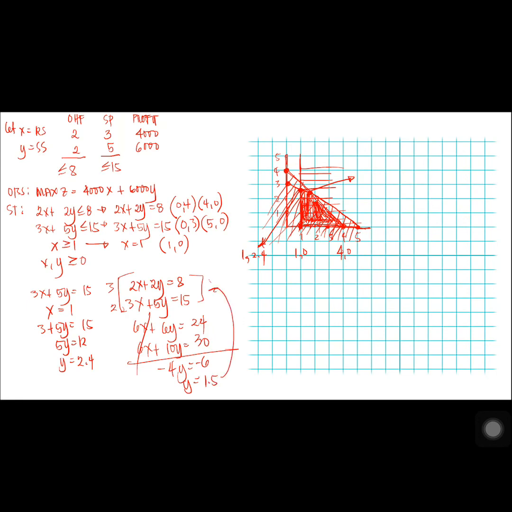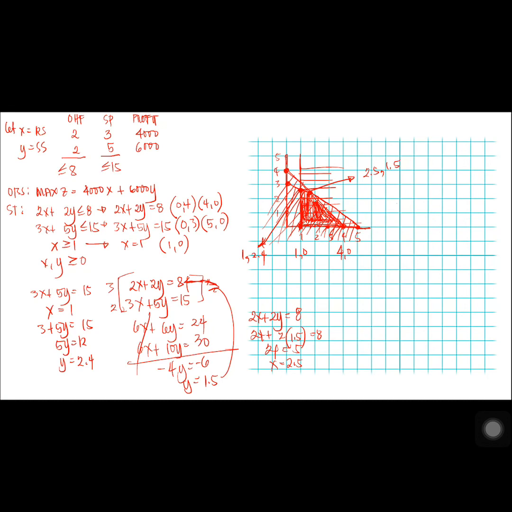If y is 1.5, let's use it in the equation 2x plus 2 times 1.5 is equal to 8. We have 2x is equal to 5, so x is 2.5. So we have 2.5 and 1.5. There you go, we have our vertices.